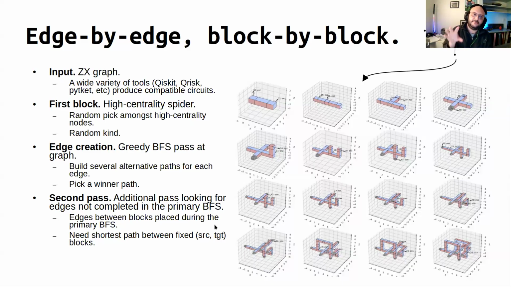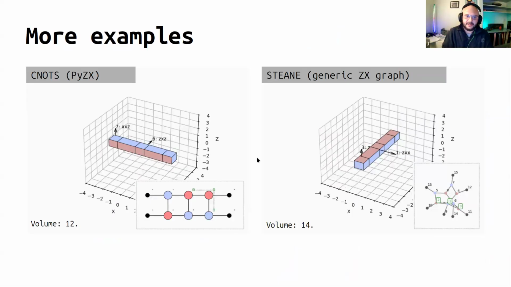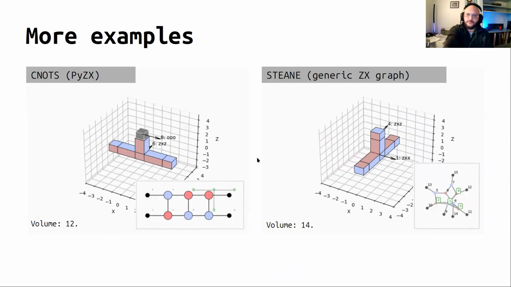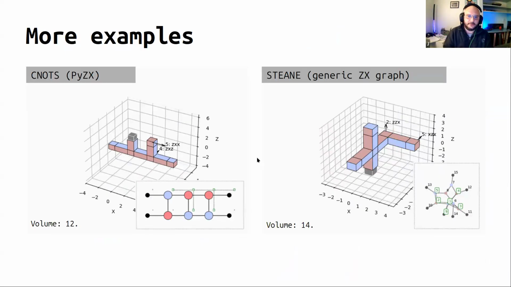And in the rest of the presentation, I'll go into the specifics about the different parts of this process. Here are more examples, which are animated GIFs. If you pay attention to only one of them, you'll see how the process goes.